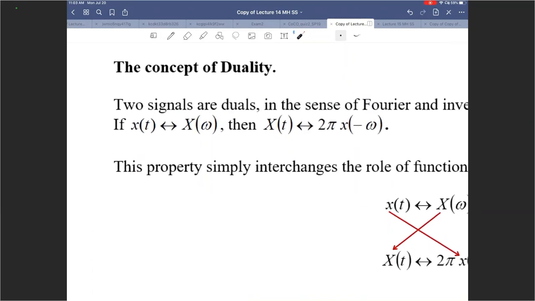There are two signals, small x and capital X. Small x is a function, capital X is a function. For example, rectangle, sinc, triangle, sawtooth, sine wave, anything, right? These are functions. Small x we typically use for the time domain, and capital X is the function we generally use for the frequency domain.